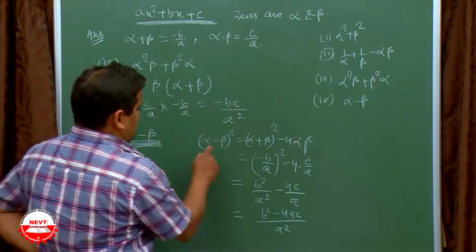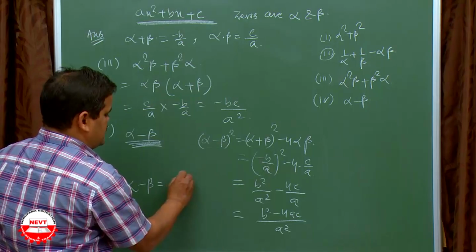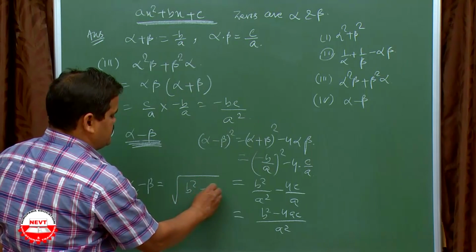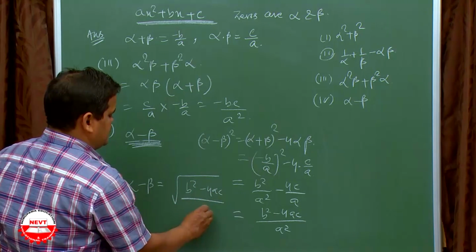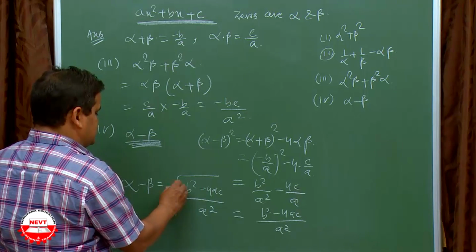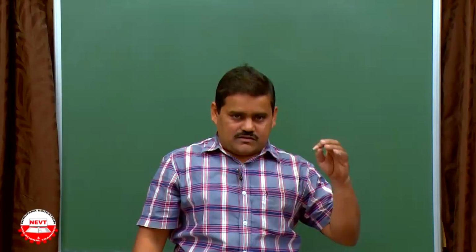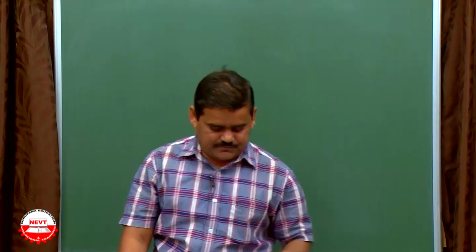So what is alpha minus beta? Alpha minus beta is equal to square root of b square minus 4ac by a square. But when you give the square root symbol, in that case you have to give plus or minus. It's okay? Next we will discuss a little bit different type of question.